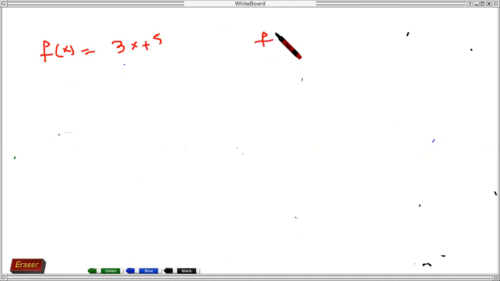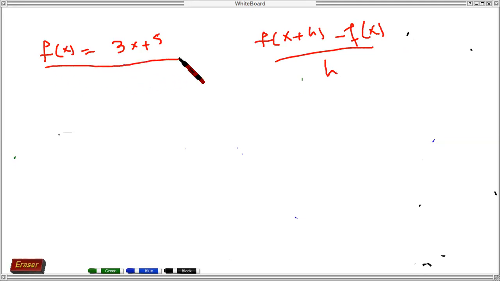We need to find f of x plus h minus f of x, and divided by h. So simple. This function is f of x. Now for the second function, you need to replace x with x plus h.